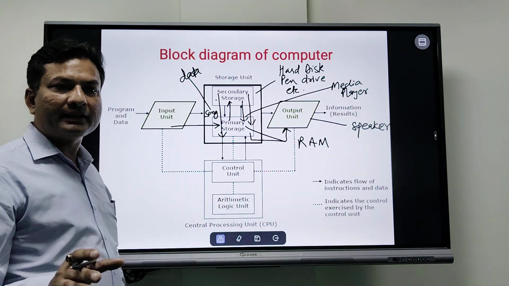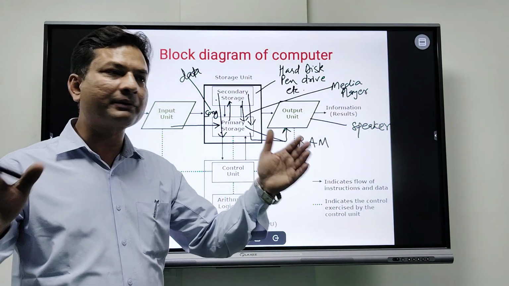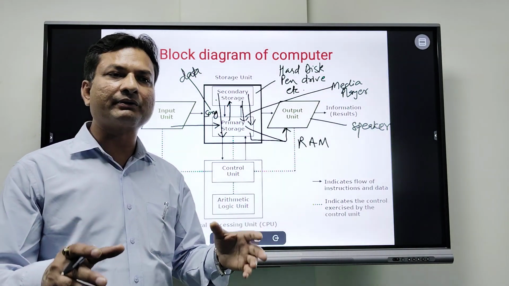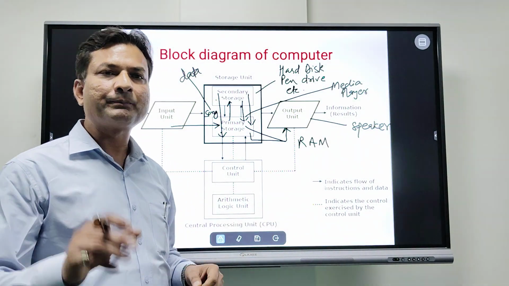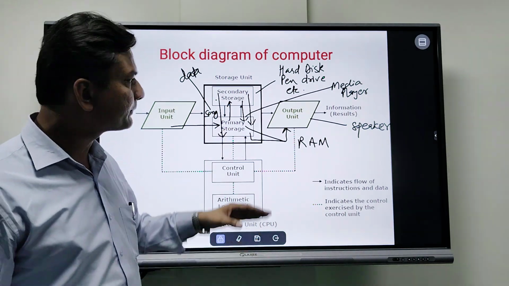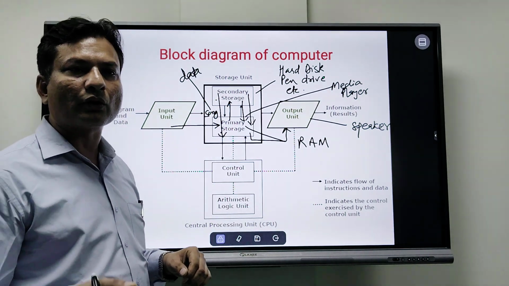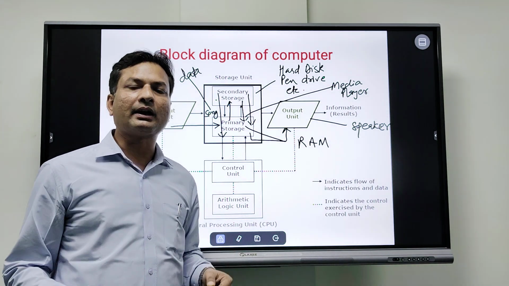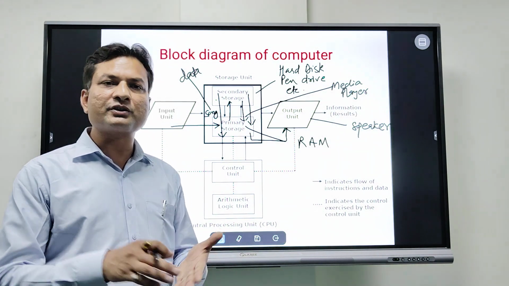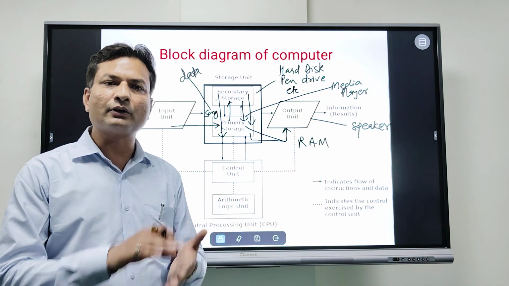Now we will see the differences between primary storage and secondary storage. Some of the differences I have already told earlier, like primary storage is a volatile memory and secondary storage is a non-volatile memory. Again, volatile means as soon as the power is off, the information stored in that memory will be lost.